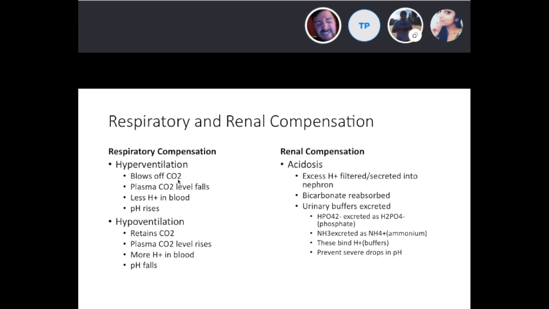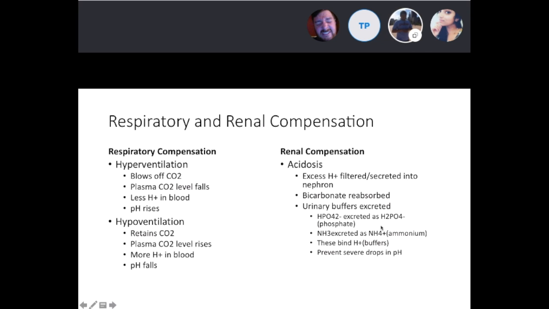Mm-hmm. Okay. And for the renal side, if you have an acidosis, the compensation is that excess hydrogen is filtered or secreted into the nephron, and bicarbonate is reabsorbed, and that happens in the PCT. So your bicarbonate will go up, and your urinary buffers are excreted. Basically, these are buffers that help excrete the excess hydrogen ions so it doesn't damage the nephron.